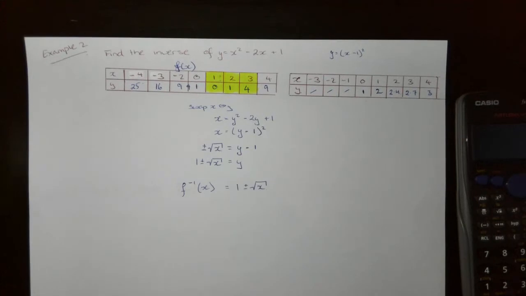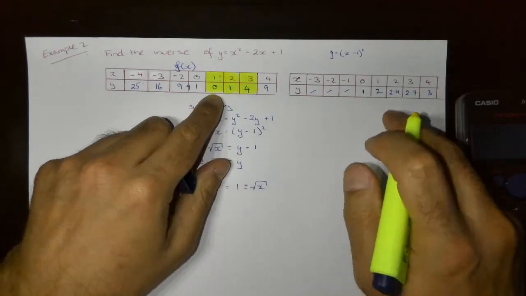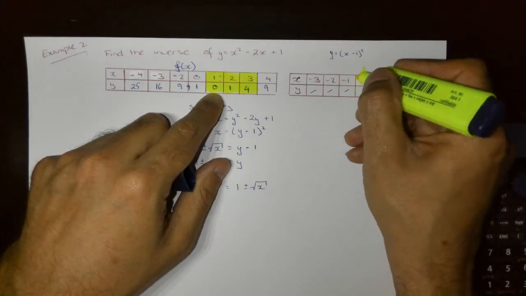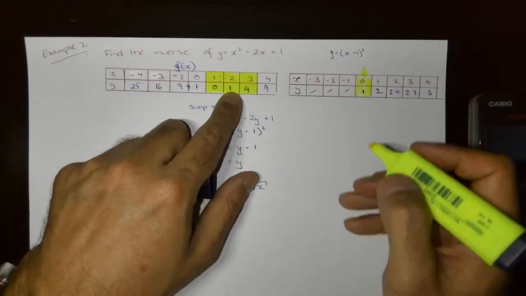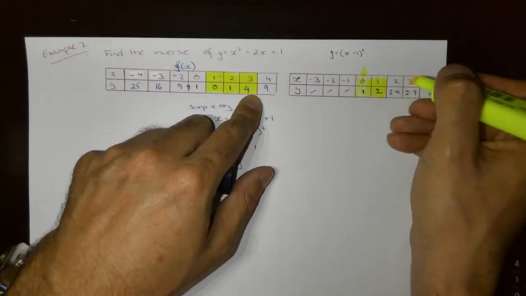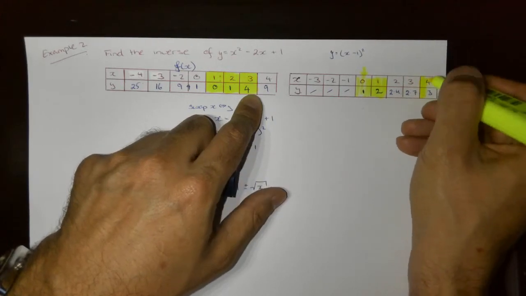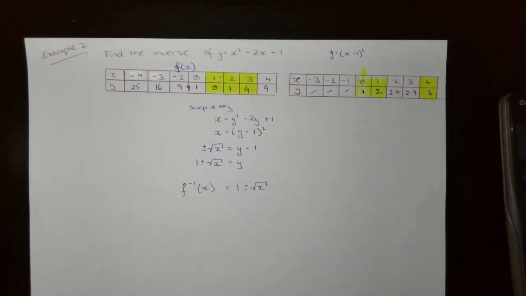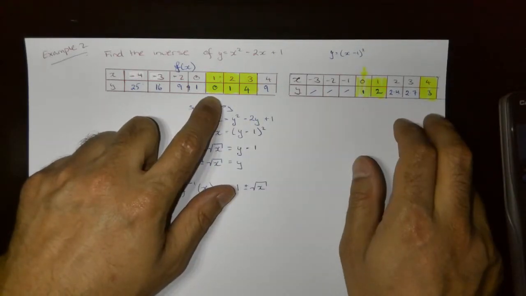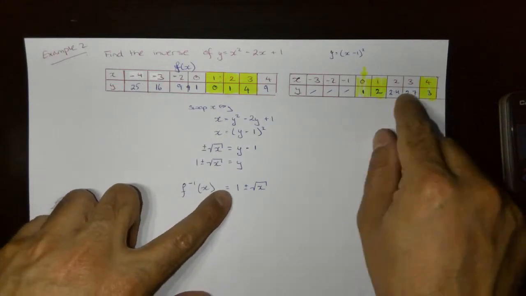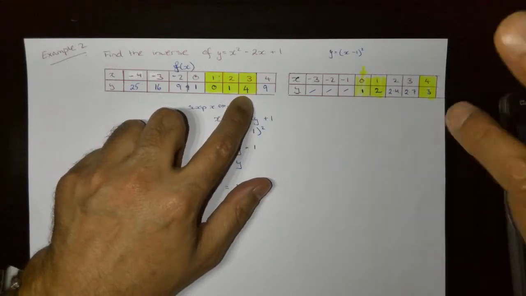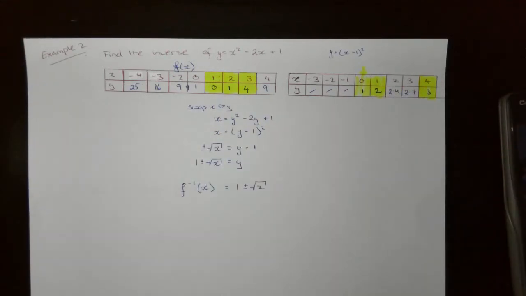So what we get is 0, 1, so that's flipped. 2, 1 or 1, 2, that's flipped. 3, 4 has been flipped for 4, 3. And that's what we tend to find: the inverse will switch the coordinates around. Obviously, because we get a plus or minus square root, it doesn't work perfectly for these numbers. But the key points are that the x swaps for y, and the y swaps for x.